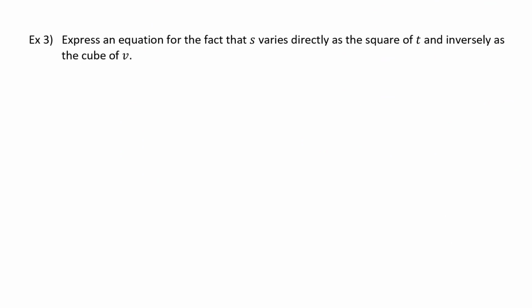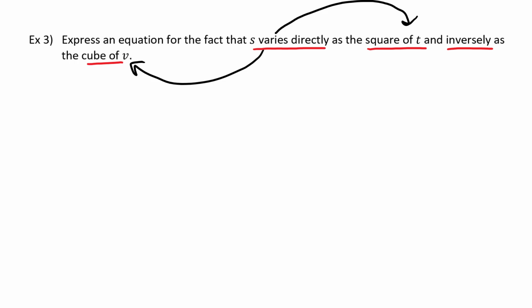Express the equation for the fact that s varies directly as the square of t and inversely as the cube of v. So I'm relating s to t, and I'm relating s to v. Notice I have extra words here, square and the cube, very important. So let's build that. So I have s varying directly with t, but not just t squared.